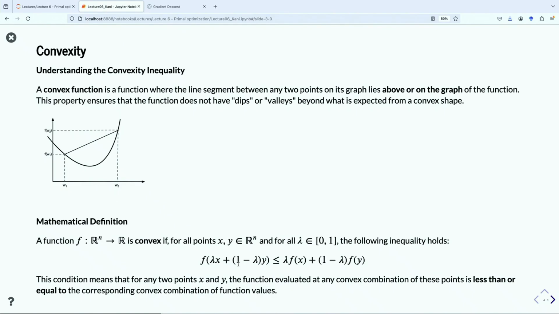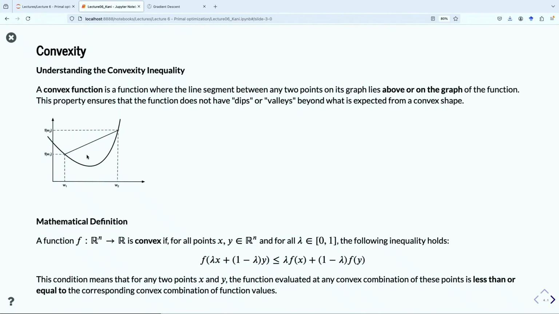And so what we're saying here is that the value of this function between x and y is less than or equal to the value of this function at x mixed with the value of this function at y linearly. Right? So that's all it's saying.